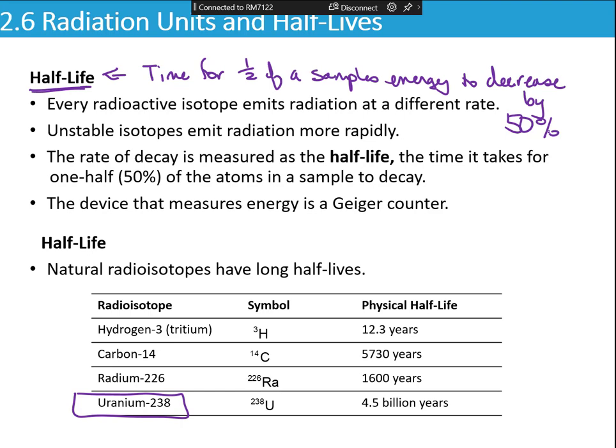Natural radioisotopes like carbon-14, radium-226, uranium-238, these are found in very, very low concentrations in the earth naturally, but they take a long time to break down. But the whole thing with Chernobyl is they purified uranium and made it into these pipes, these columns of metal.